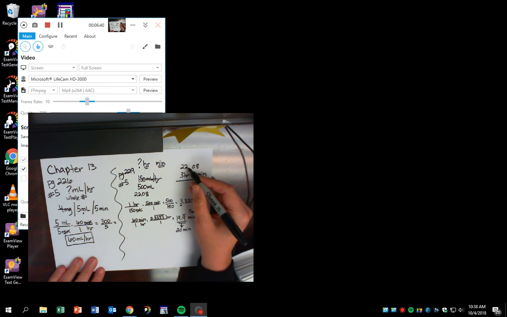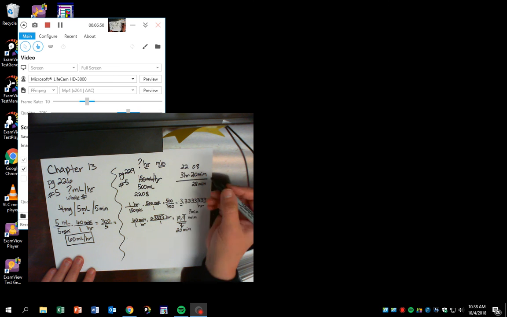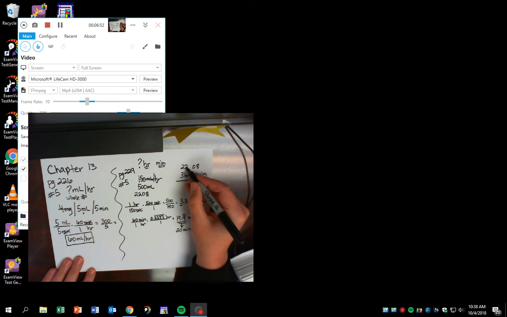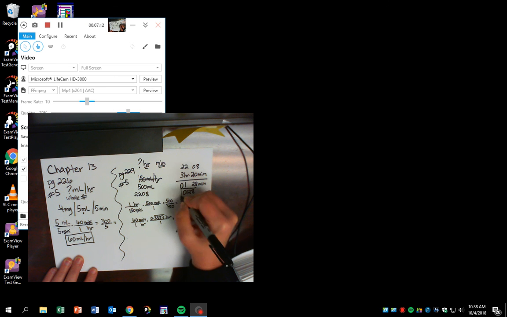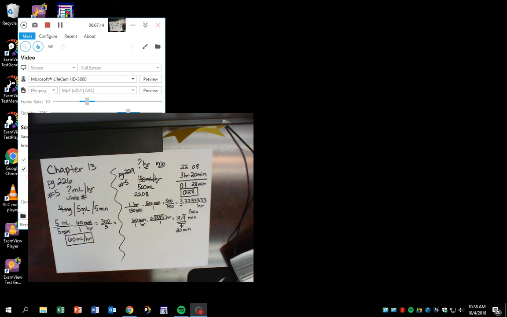Now you'll have to remember this is in military time, so you can only go up to 24 hours, and then you have to start over with your 0100, 0200, etc. So this would be 2200, 23, 24, and then from 2400 to 0100, so it's going to be 0128 hours and minutes is our time. So ultimately 0128 would be our completion time for our IV.